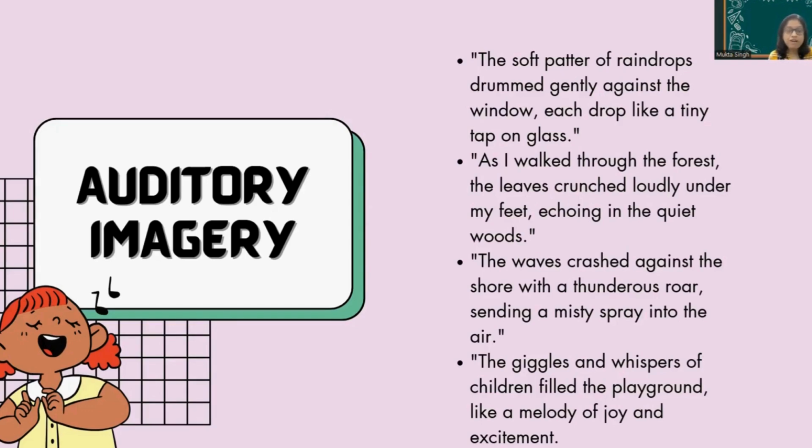It doesn't give us a vivid and clear understanding of what sounds he could hear on the beach. But descriptive words like thunderous roar help us imagine the sound. Next, the giggles and the whispers of the children filled the playground with a melody of joy and excitement. It clearly helps us understand the kind of sounds present on the playground.